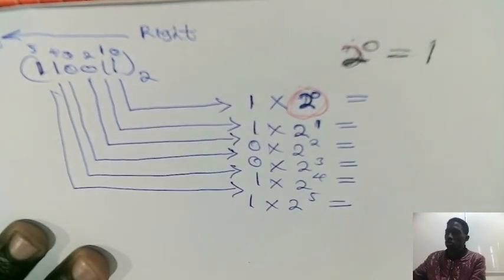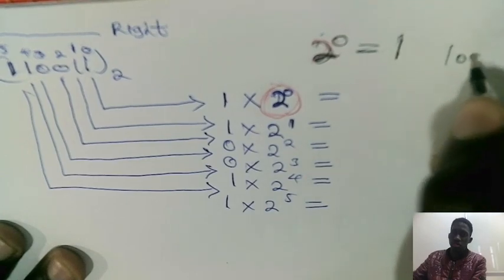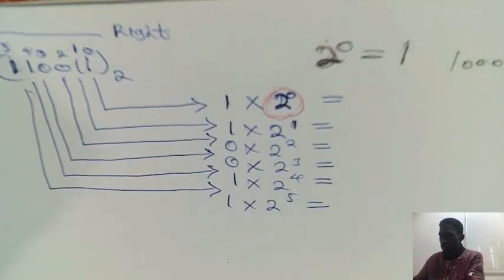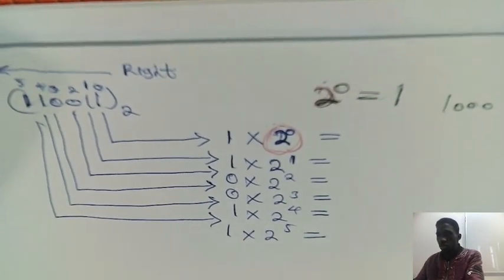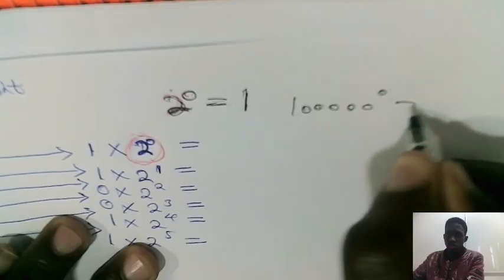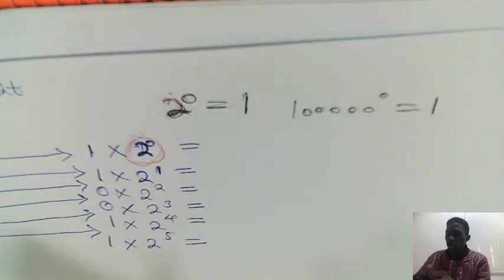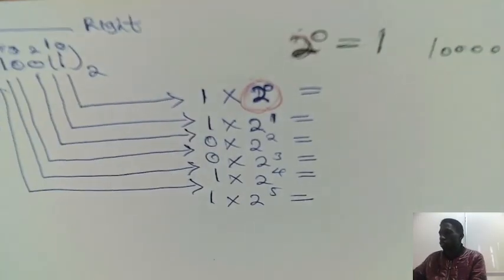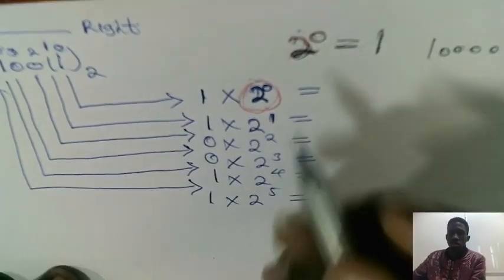Any number at all, even if it's a million, once it is to the power of 0, it's going to be 1. So that's very important to take note of.